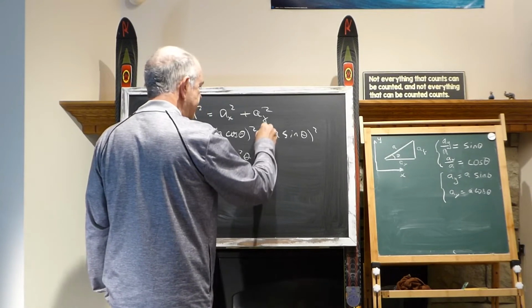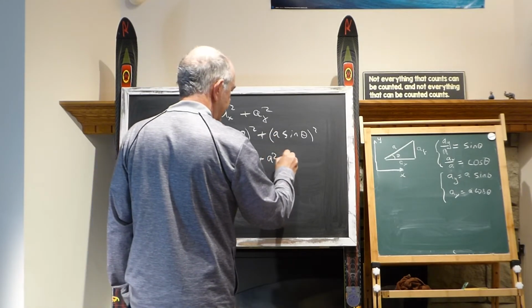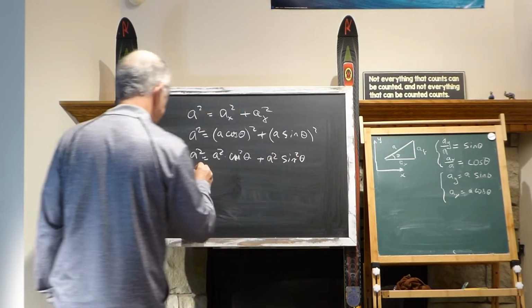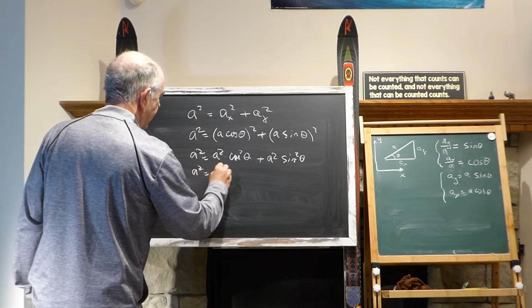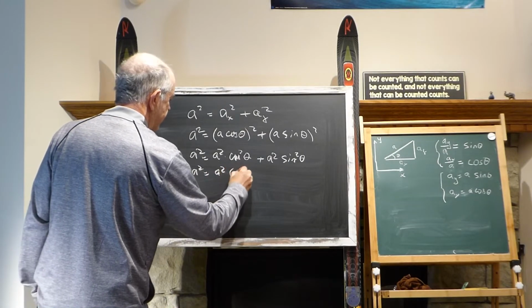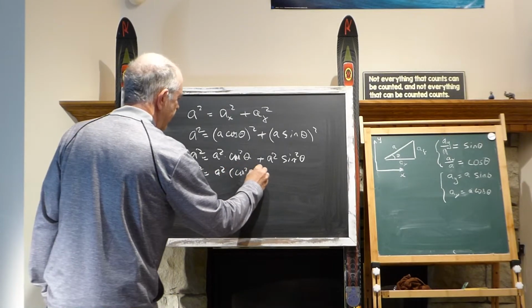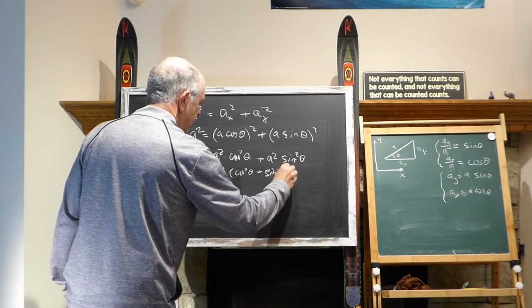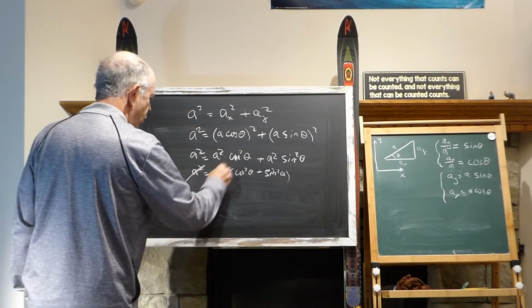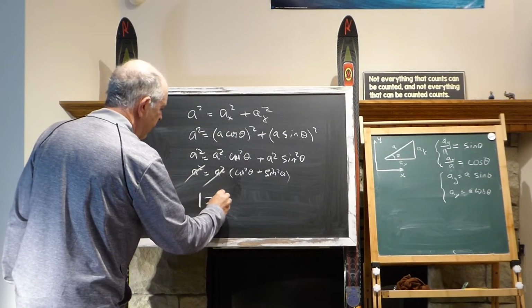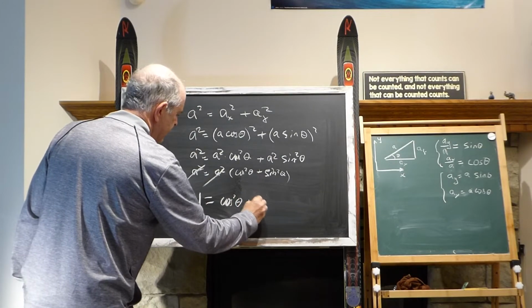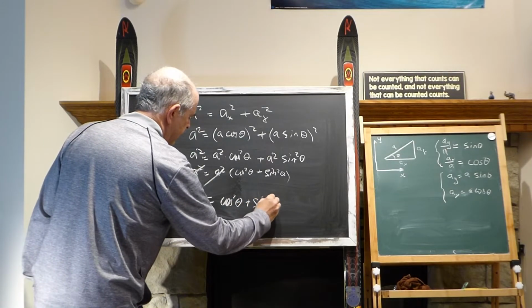And then plus a squared sine squared theta. And then we can factor a squared out, and we receive cosine squared theta plus sine squared theta. The a squared will go away, and we have 1 equals cosine squared theta plus sine squared theta.